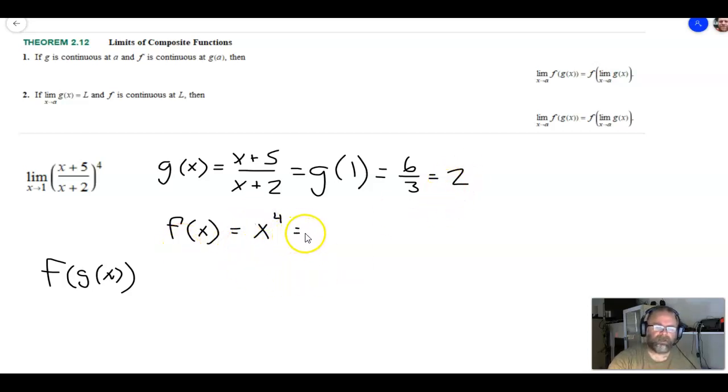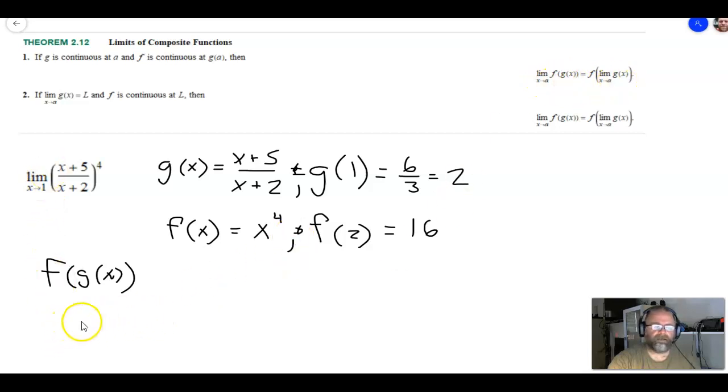And if we put in f of 2, that's going to be equal to 2 raised to the 4th power, 2, 4, 8, 16. So that'll be 16. All right, so both of these exist and are continuous at both of those, so we can rewrite our limit like this up here.